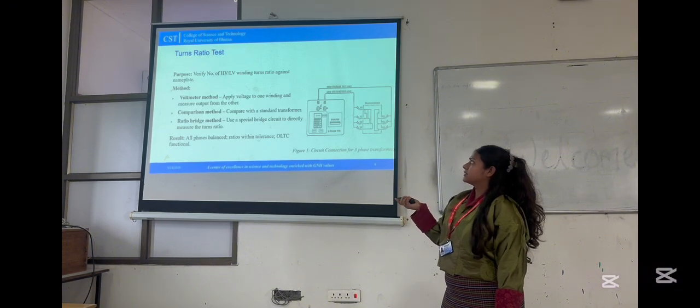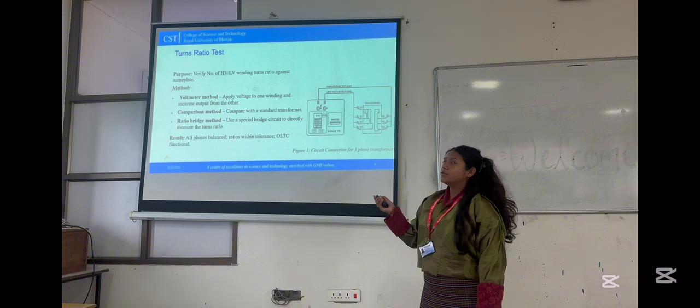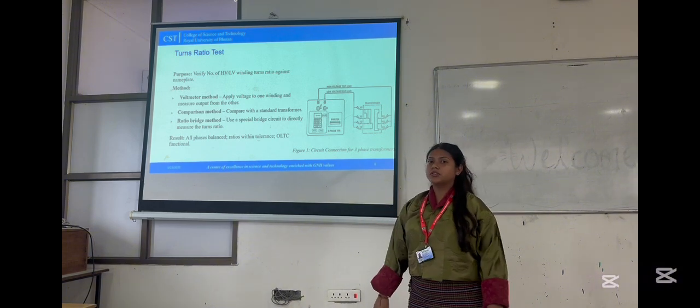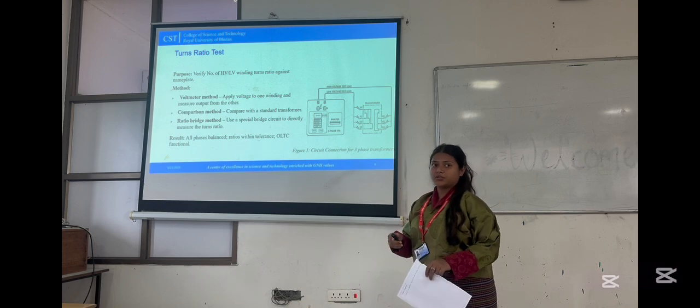So for the diagnosis test reviews, we have done this many tests. First of all, when we talk about the turn ratio test, we have done it with three methods.